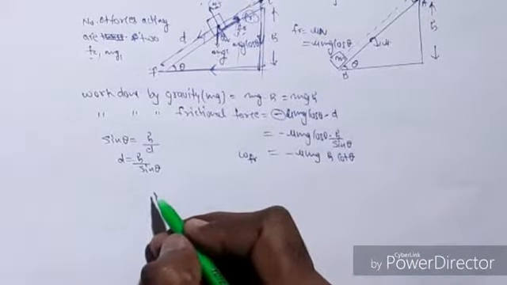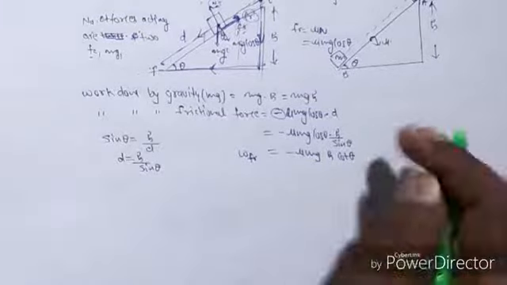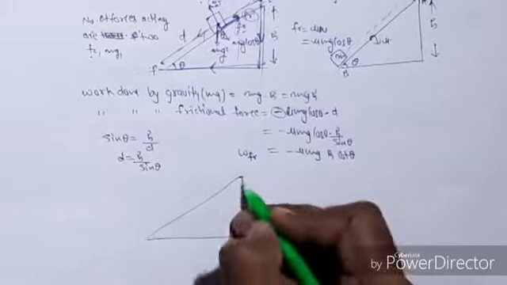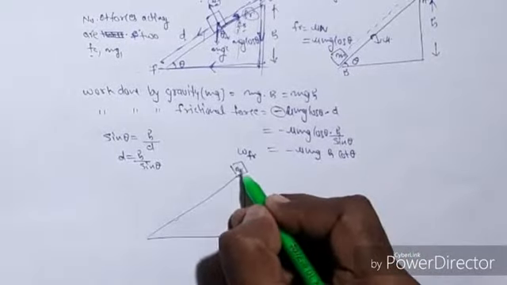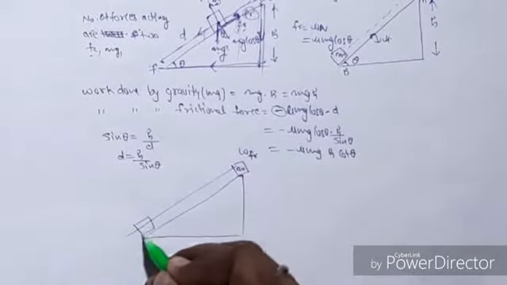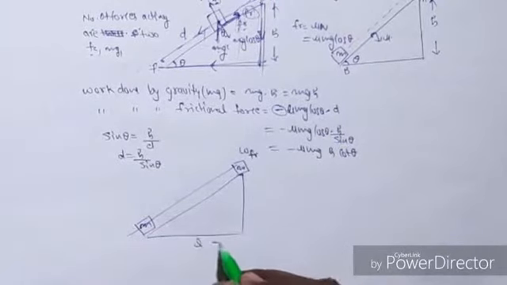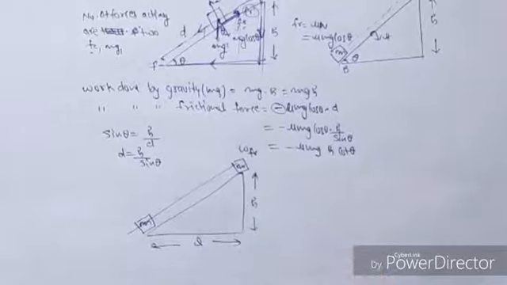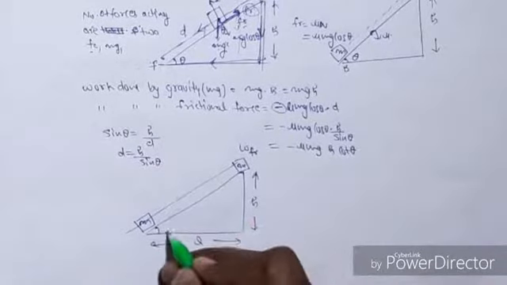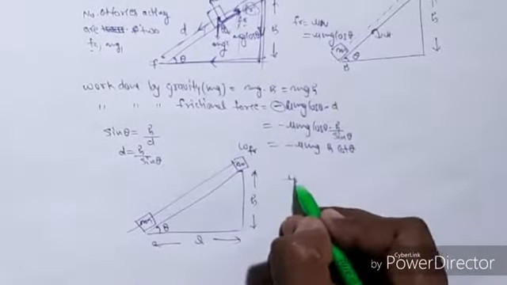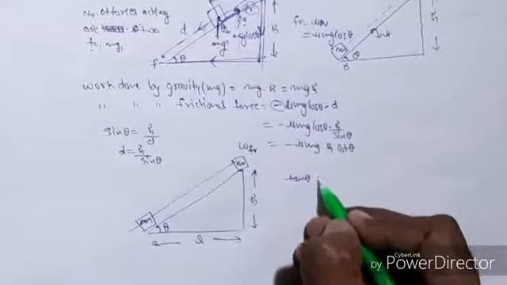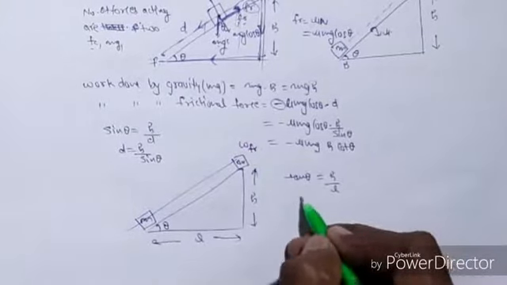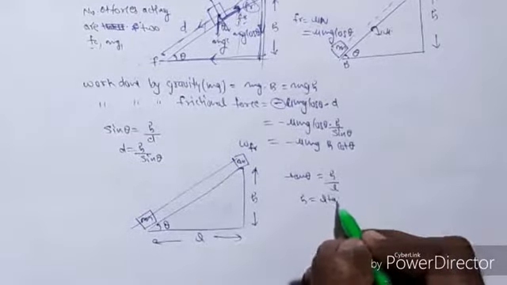But the work done by friction can also be written in another way. In what way can it be written? Suppose this is a particle m, this is its initial and this is its final position, this is the base length and this is the height of the wedge. With this angle theta, tan theta is equal to what? h upon L. Therefore h can be replaced by L tan theta.